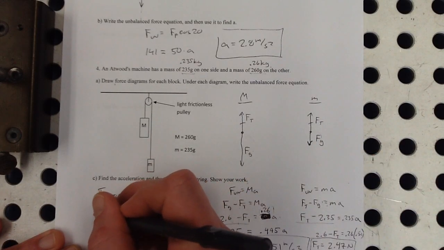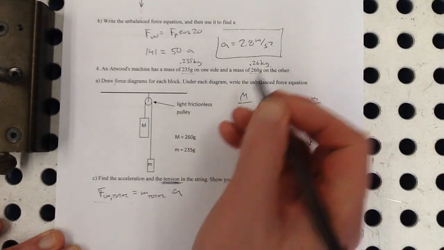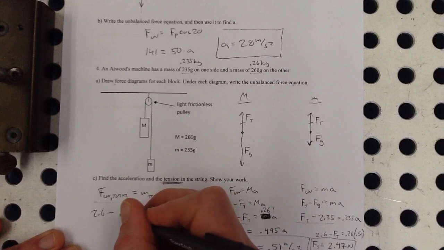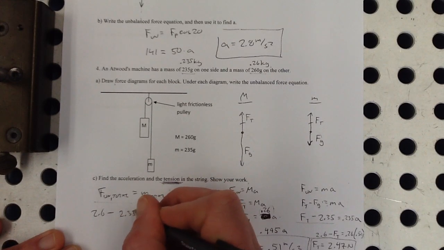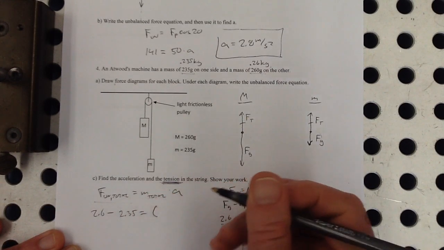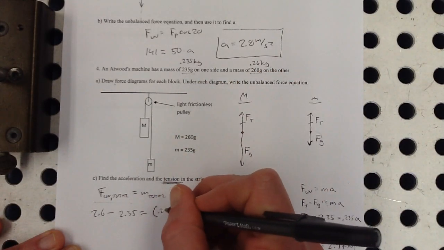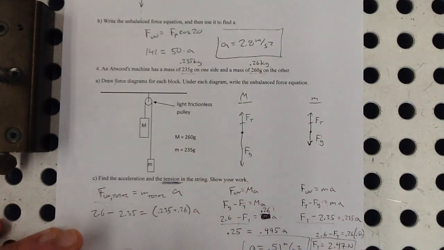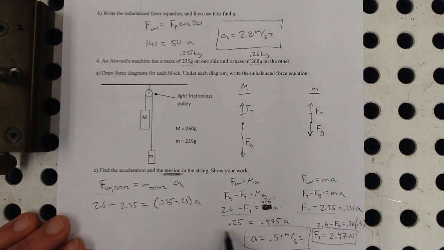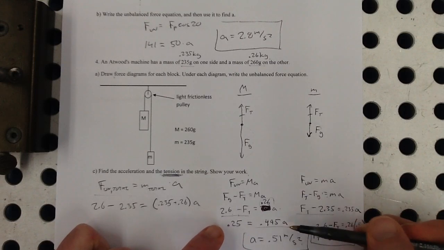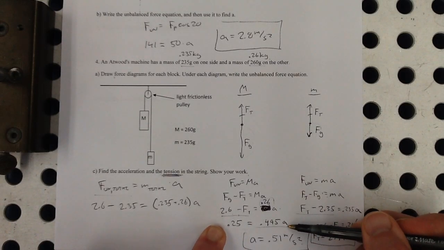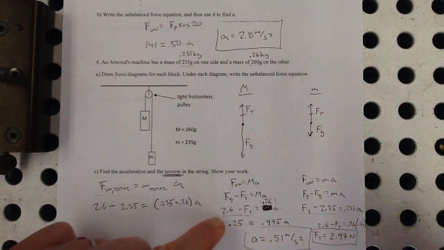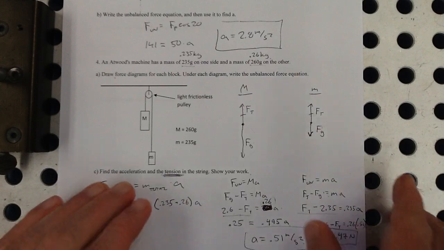So that's big M times 10 minus little m times 10 is equal to the total mass, 0.235 plus 0.26 times acceleration, and that just gets me right to the equation here when I added them together. So I'm not going to finish this method because that just turns into this equation. Then everything else is the same from there.